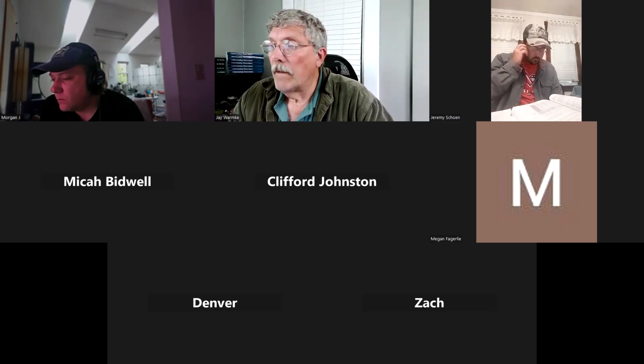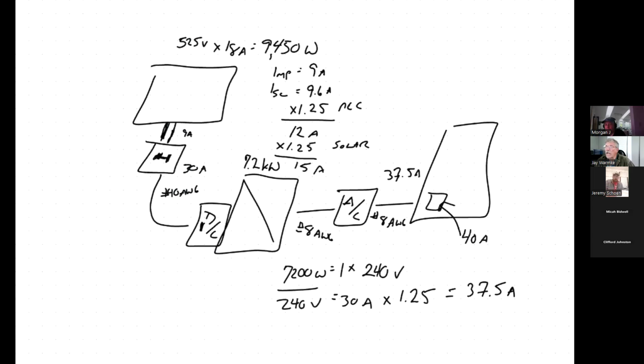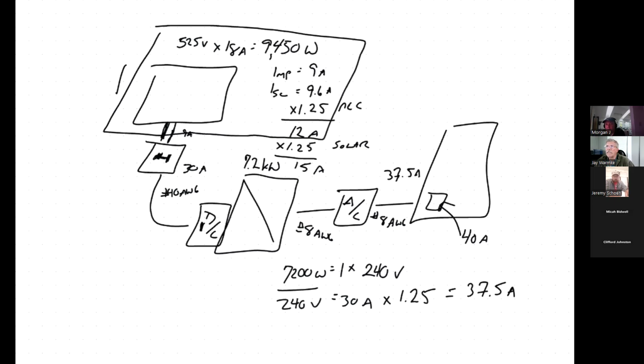Let me see if I've still got my whiteboard here. Yeah, that's still there. All right. So let's say we decided this is the roof surface, and this is the size we decided on. It's not a bad idea to size your wire, like calculate what size array your roof could handle.